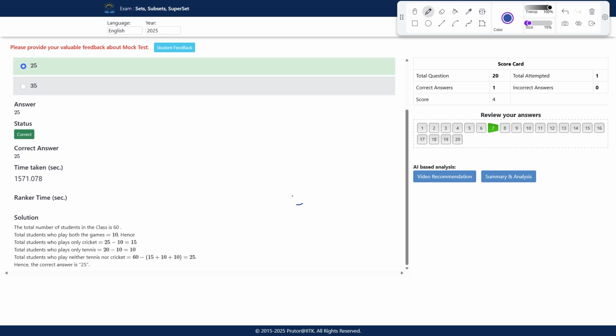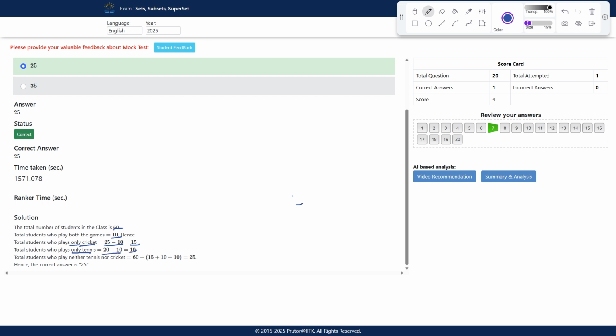Total 60 students. Simple. The total number of students who play both games is 10. Students who play only cricket: 25 minus 10. We are using the word only here, so only cricket means 25 minus 10, in total 15 such students who play only cricket. Students who play only tennis: 20 minus 10, meaning 10.